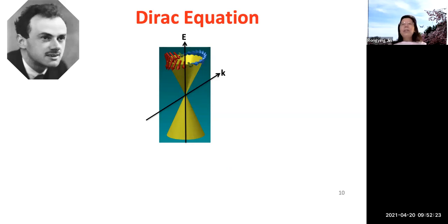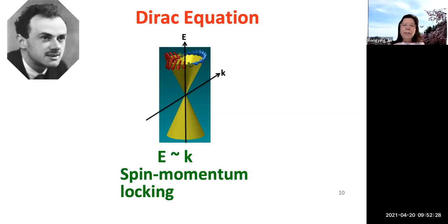All right, come back to the Dirac equation. You guys are more familiar than I am. What happens is it generates the consequence that the energy has a linear dispersion with the momentum. So this is the famous Dirac cone. When you have the electrons residing in such a Fermi surface, the spin-momentum is locked.